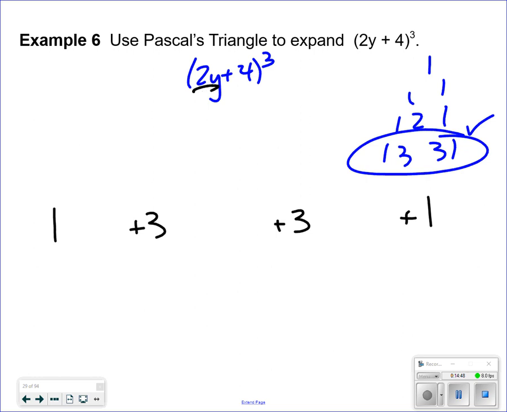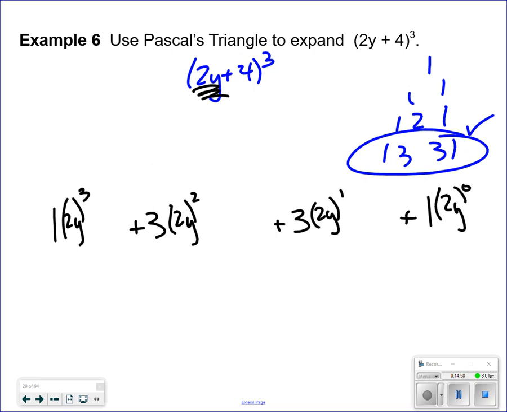Take the first term and go in descending order, meaning 2y to the third, 2y to the second, 2y to the first, and 2y to the 0. Then take the second one and do it in ascending order. So 4 to the 0, 4 to the first, 4 to the second, and 4 to the third.